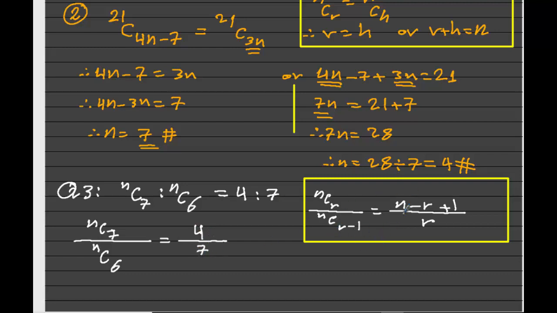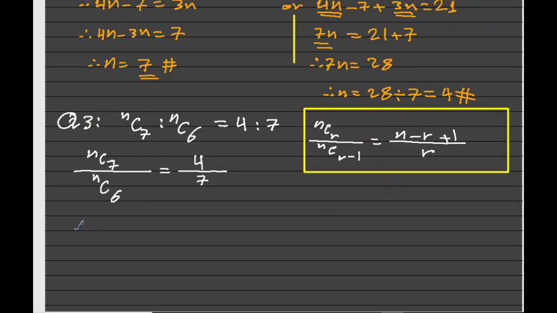Applying this rule, the ratio rule, nC7 over nC6 equals n minus r plus 1 over r. What is the value of r in this, 7 or 6? It is 7. So n minus 7 plus 1 over 7. Of course, here r is greater than r minus 1 by 1, so we take the greatest value of r.